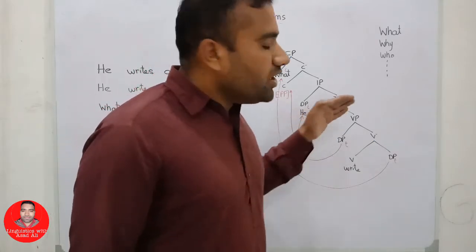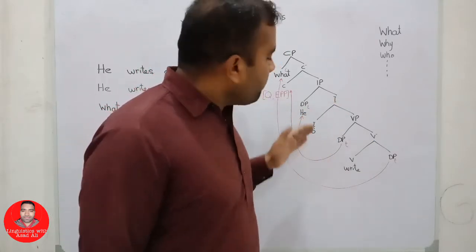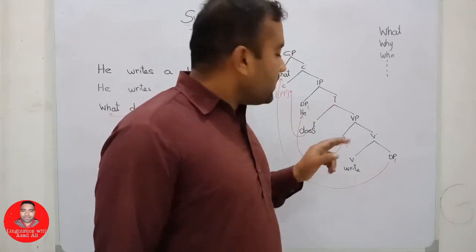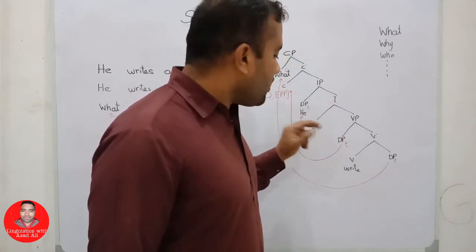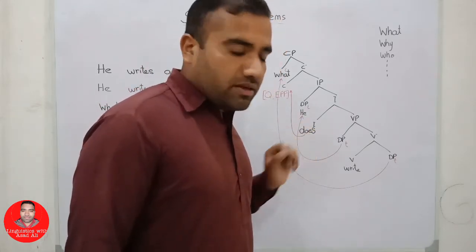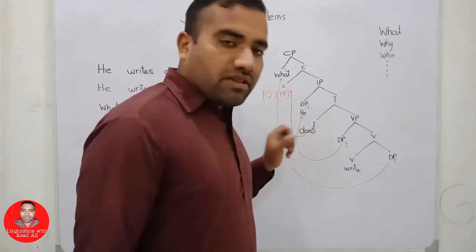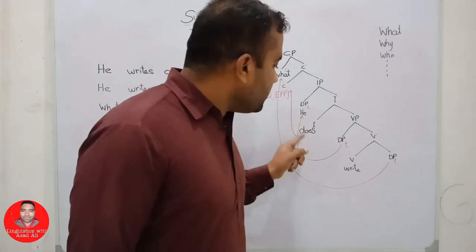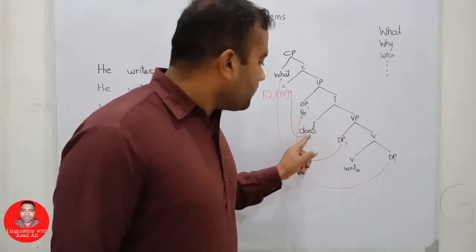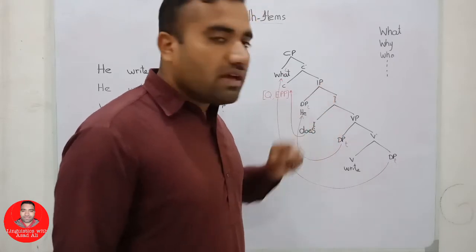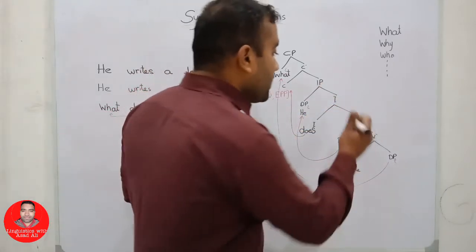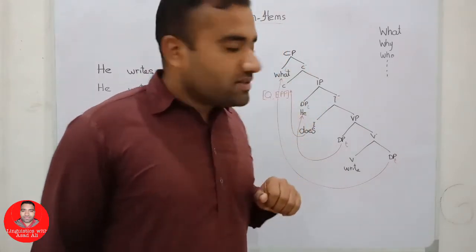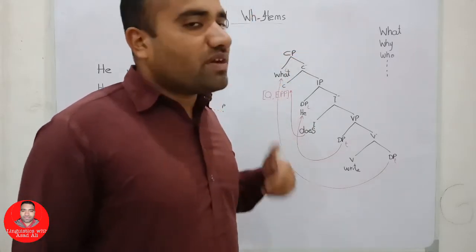And then we need the case marking, we need the tense, and for this property we have another functional category, that is the I, and this is the present tense, because the requirement of he is does, not do, because he takes the helping verb does, and I projects the three levels, I bar and IP.